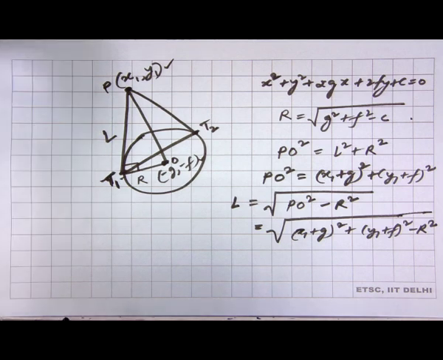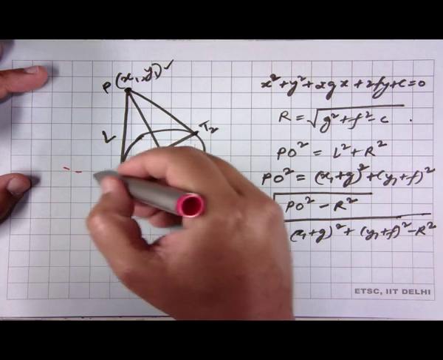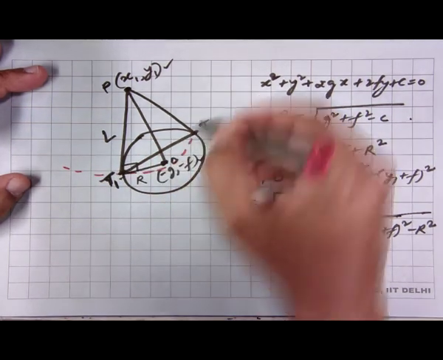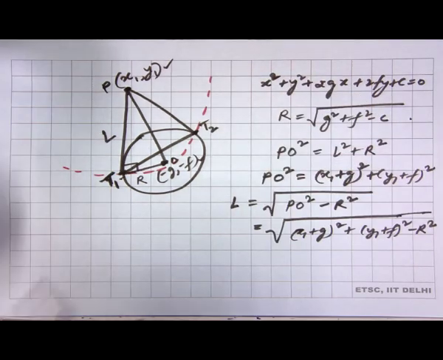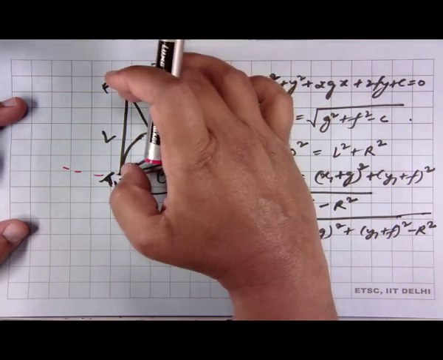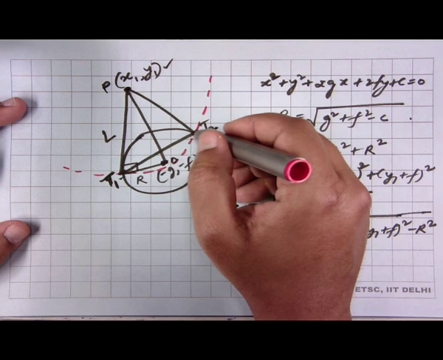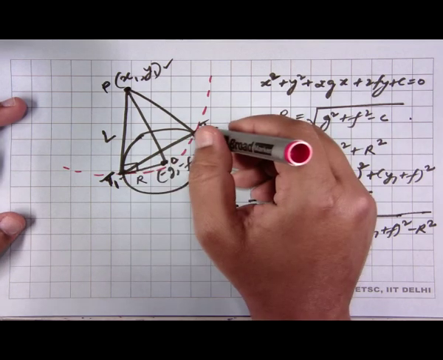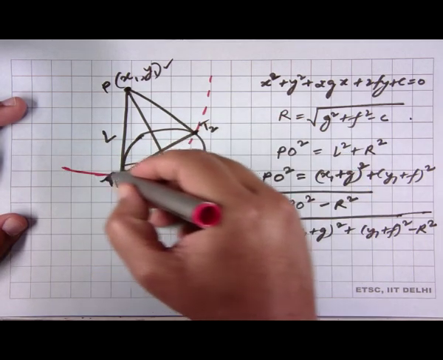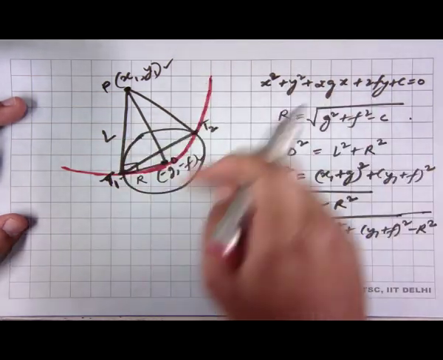Now, let us consider the circle whose center is at P and having radius equal to L. So, this circle shown in red has center P, radius L. Clearly, it passes through T1 and T2, and therefore, it is clear that T1 and T2 are the points of intersection between this red circle and the given circle whose equation is this.